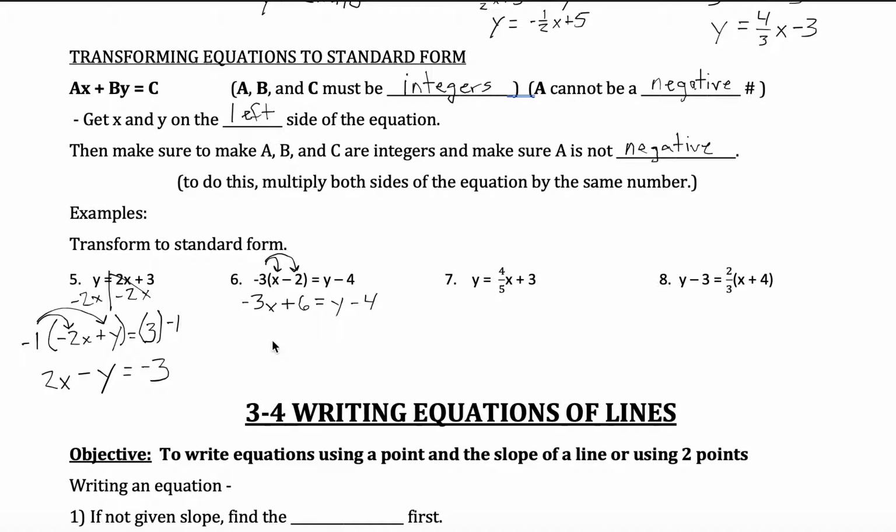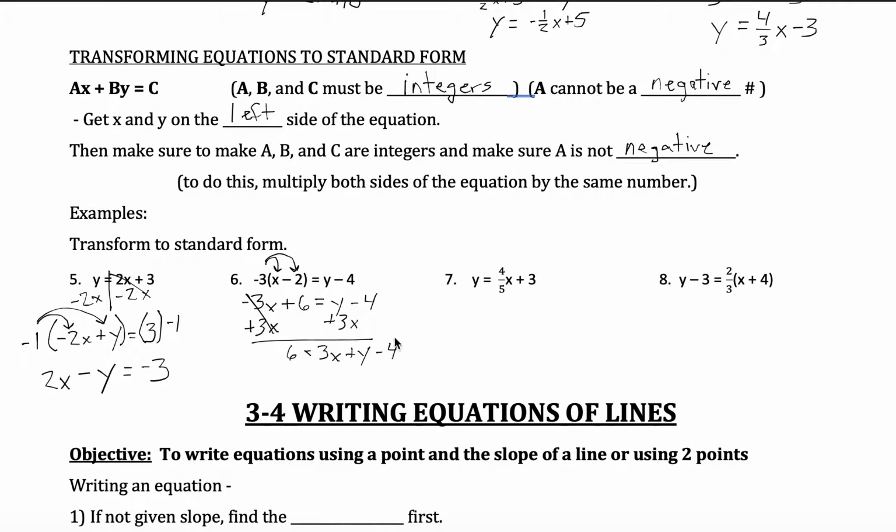Then we want to get our x and y values both on the left-hand side. So what we can do is add 3x to both sides, because that would make our x positive, which we need. So we add 3x. That cancels those out. Now we have 6 equals 3x plus y minus 4.